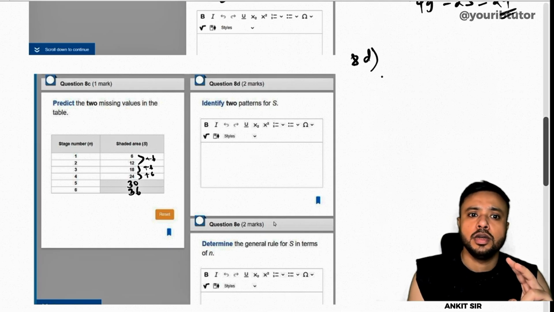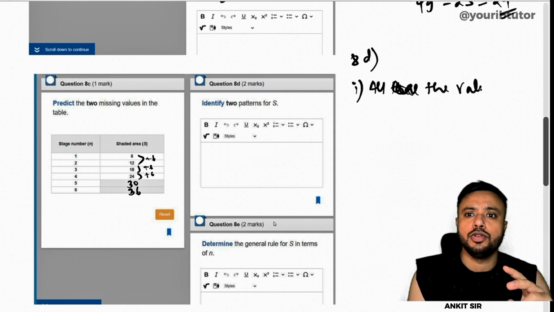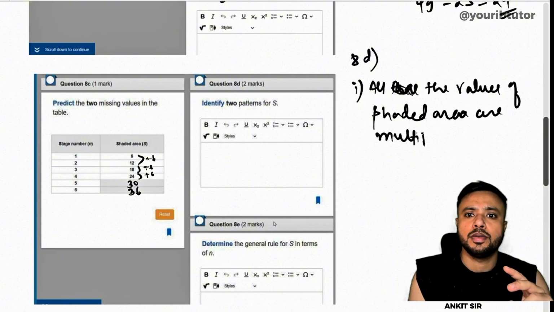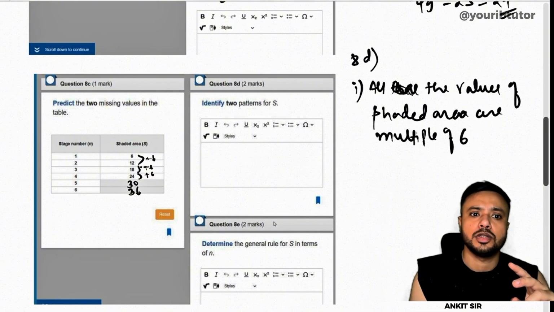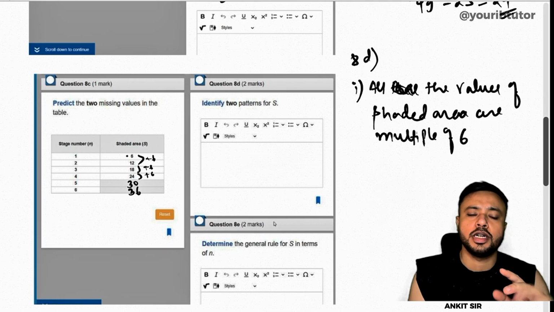For 8d, the first pattern I can write is that all the values of shaded area are multiples of 6. You can clearly see that the shaded areas 6, 12, 18, 24 are basically the 6 times table, so all are multiples of 6.